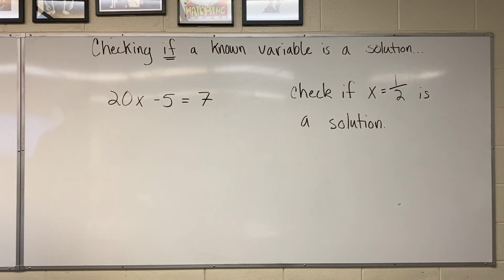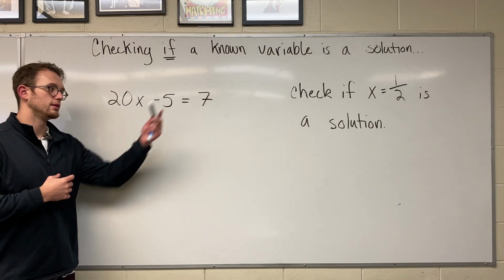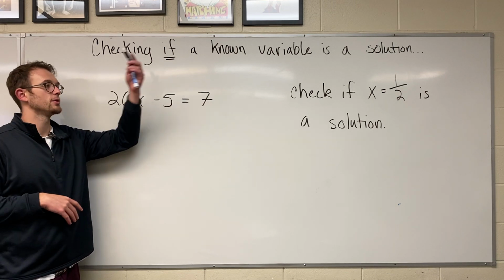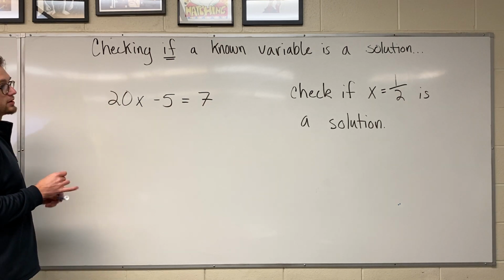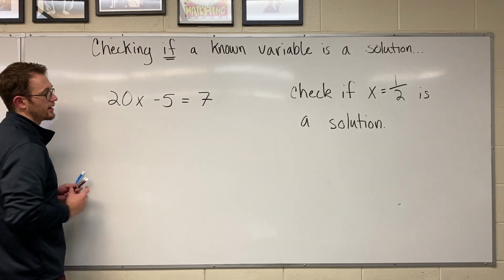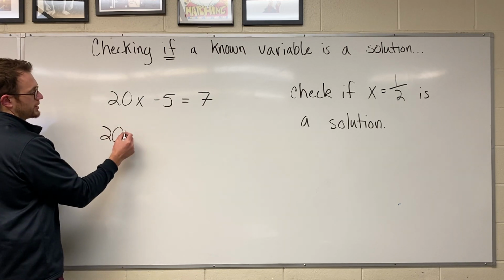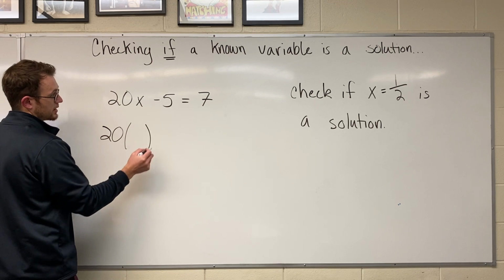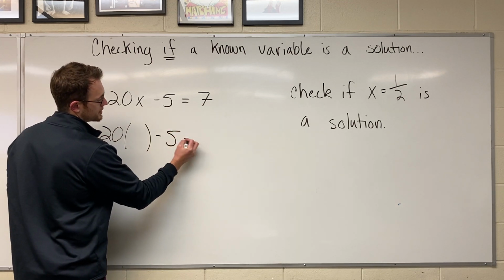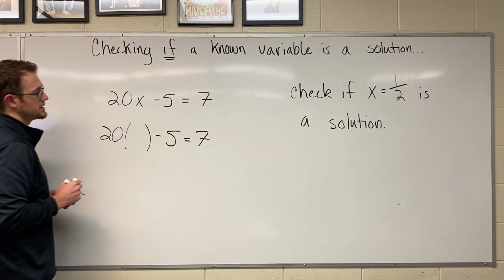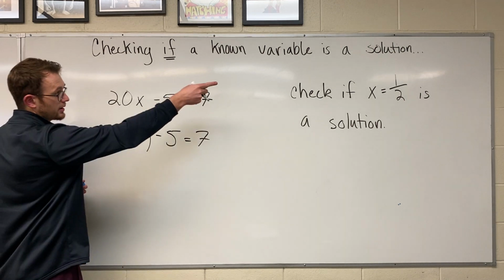Okay, so I want to check if x equals 1/2 is a solution. So again, I'm going to substitute. I'm going to get 20, in parentheses, minus 5 equals 7. In these parentheses, I'm substituting in 1/2.